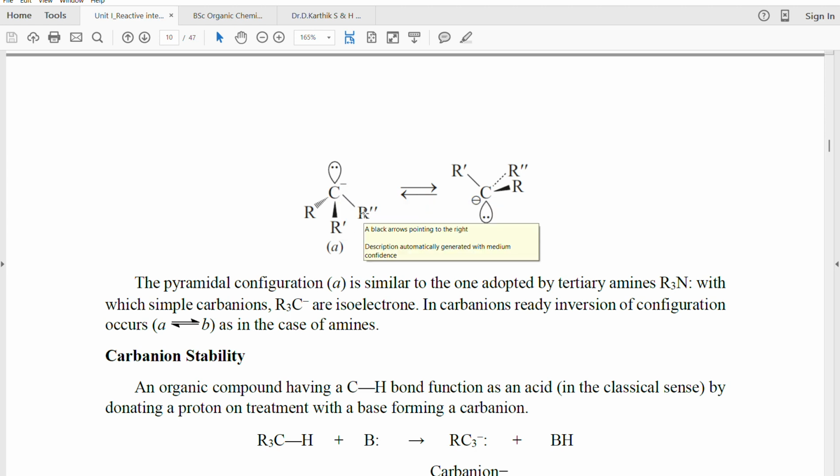So if one group is present, that can pull relatively, and two groups means that can pull relatively more, and 3 electron withdrawing groups means all 3 groups can pull, so that the carbon rich center may relax, or the minus charge will be distributed among 3 electron withdrawing groups, so that it feels relatively more stable.